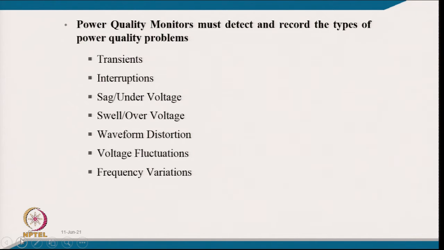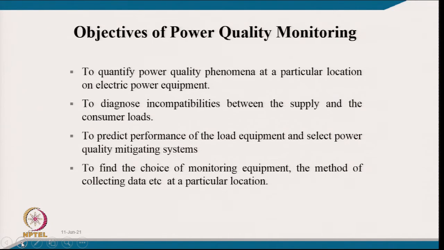Voltage sag, as we defined last time, is a short period depression of the voltage, and undervoltage means the voltage goes a little down for a longer period. Similarly, swell is when the voltage goes up for a very short period, or overvoltage for a longer period. Similarly, waveform distortion, voltage fluctuations, and frequency variations. These are the power quality parameters which these monitors can monitor.